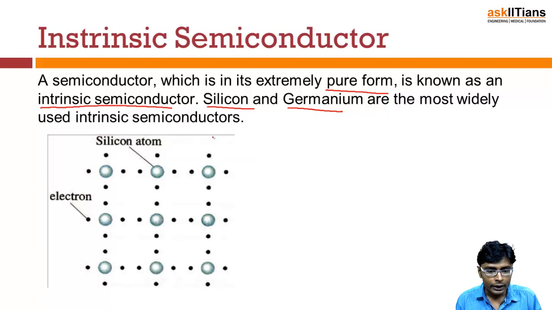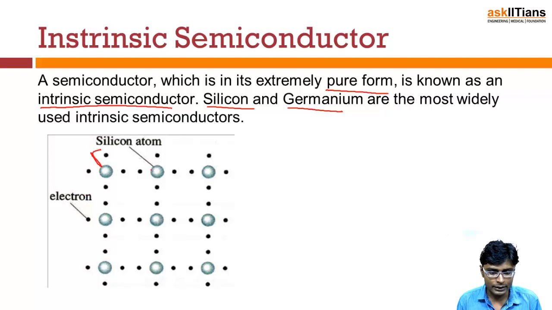Now let's suppose we see the crystal structure of silicon. Silicon has 4 valence electrons, right? These dots represent silicon.